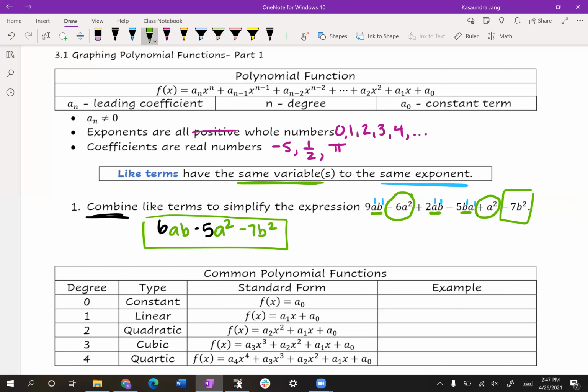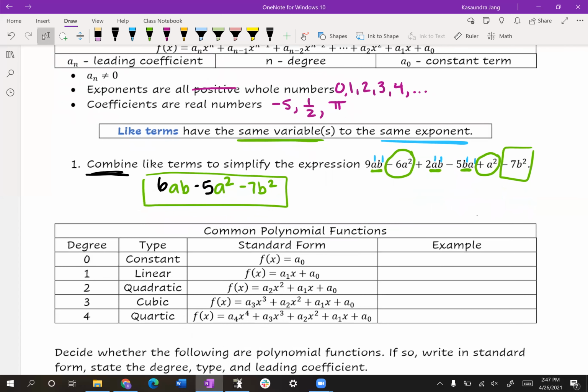All right, so then next one, we're going to fill in the chart here. If you have a constant, that just means your straight up number, I could have 7, sure. If you have a linear type of polynomial, it's got a plain x, I still need a coefficient. It can be a negative coefficient, sure. So like negative 2x plus 7.